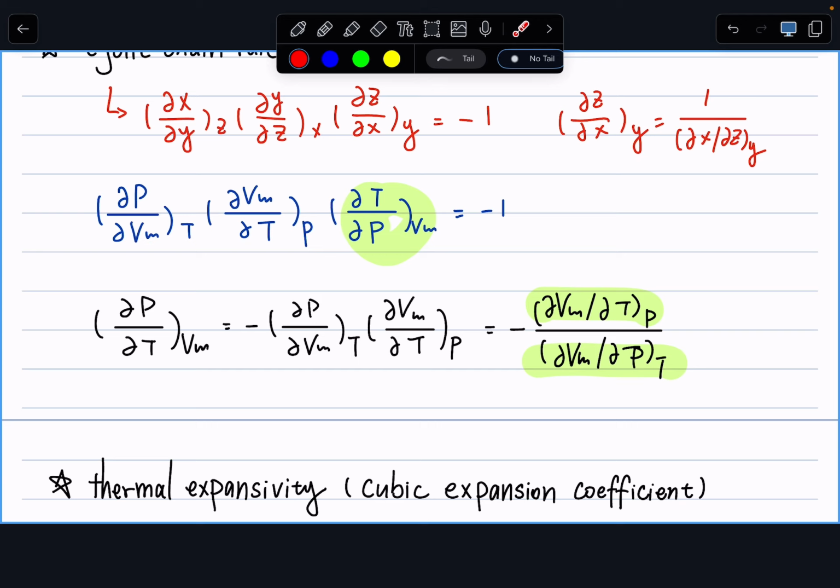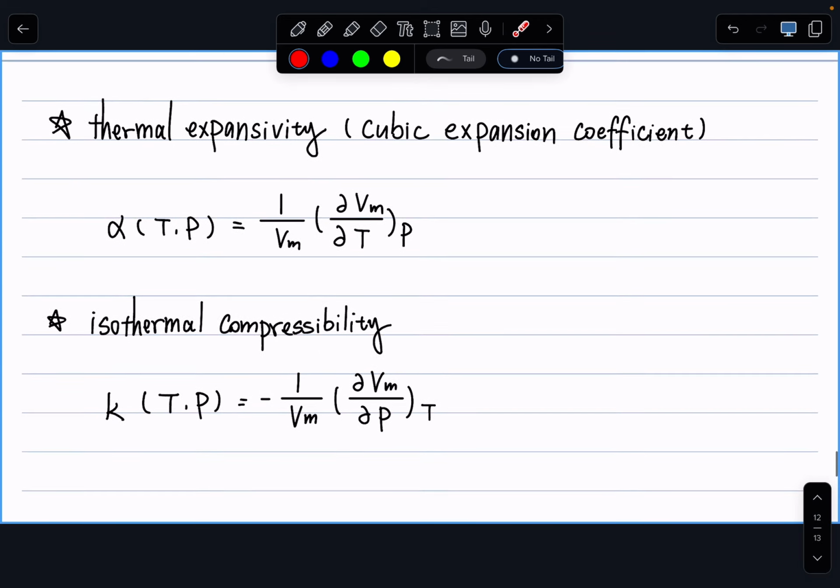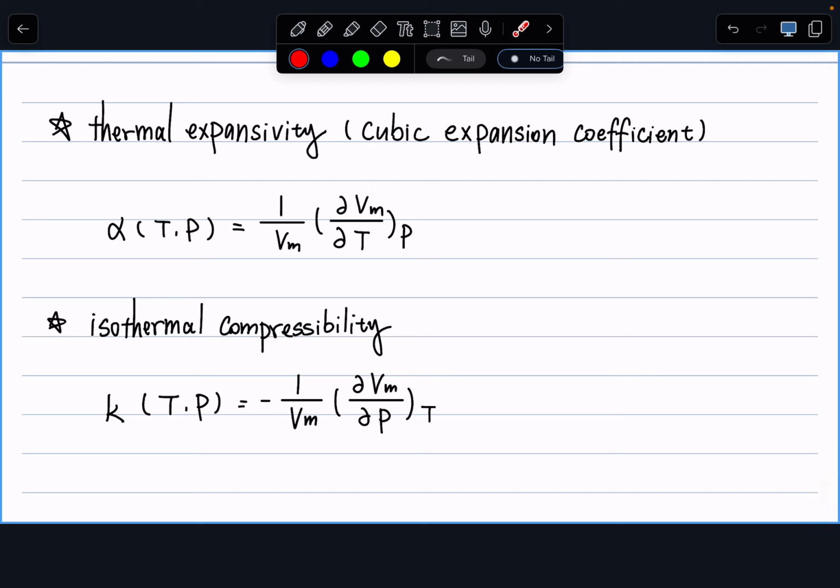So from these two partial derivatives, scientists design these two coefficients that we can experimentally measure and then use these coefficients to go back and derive our equation of state. Right, so these two coefficients are experimentally measurable.